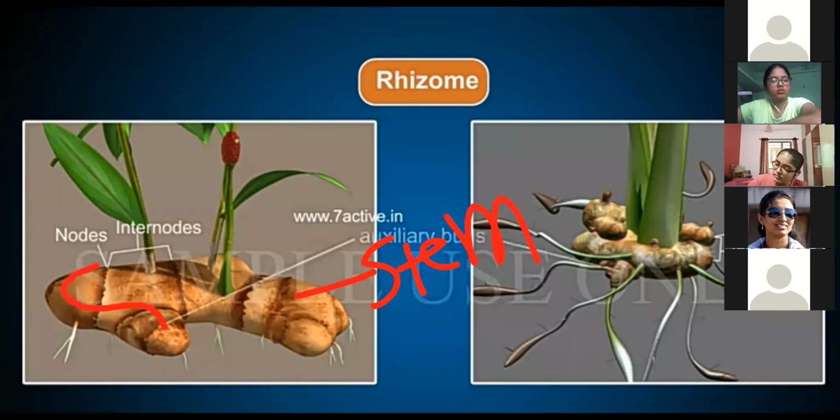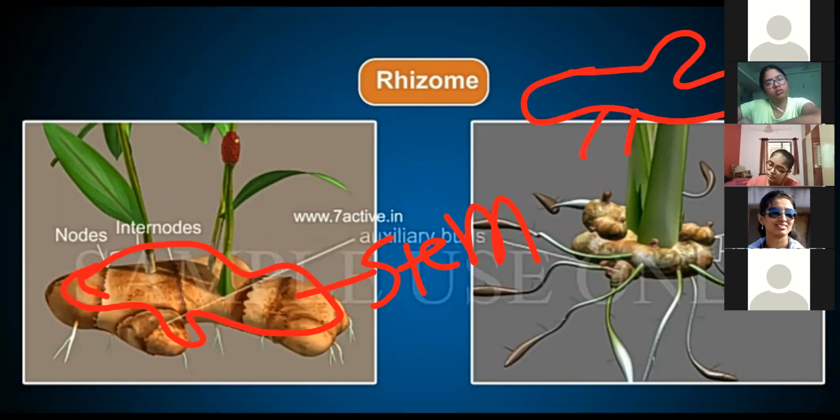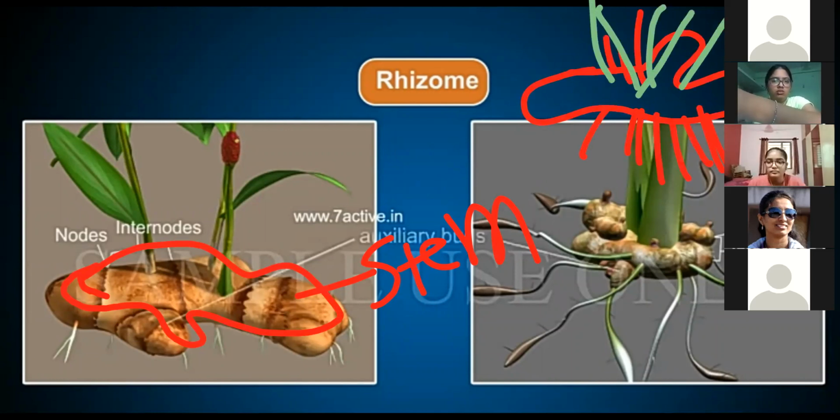So here, when we sow this ginger in soil, right? We have to sow ginger in such a way that the lower part forms the root system and the upper part forms the shoot system on which the leaves arise, right?